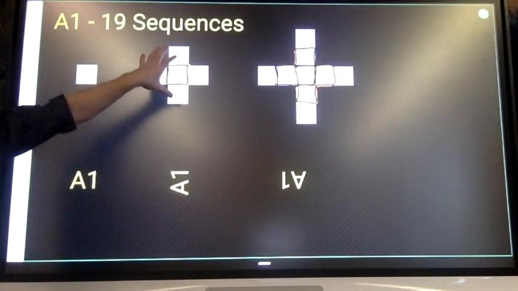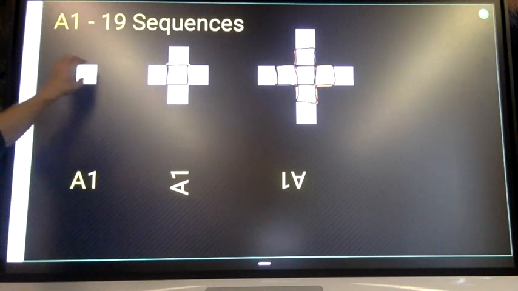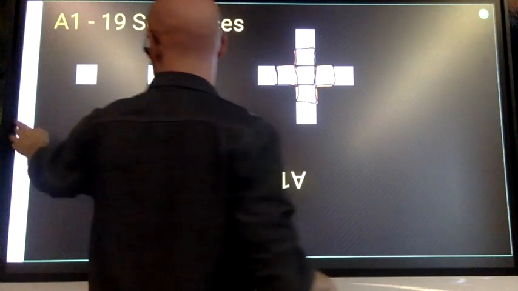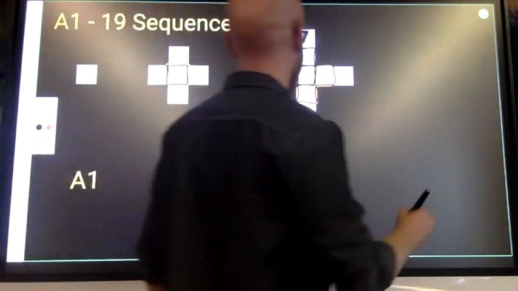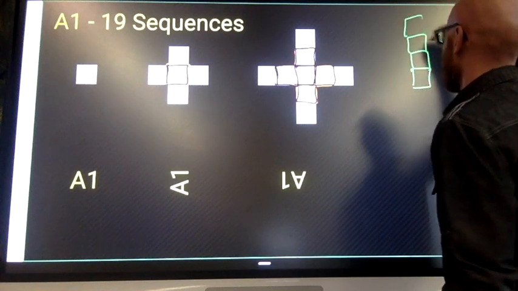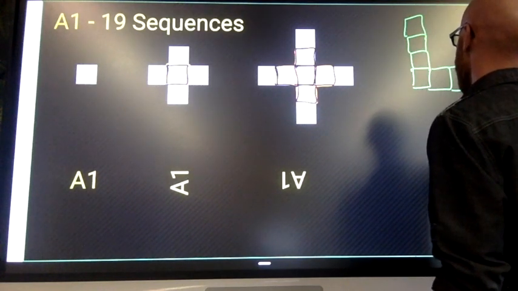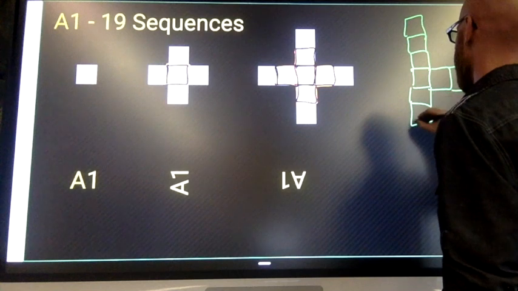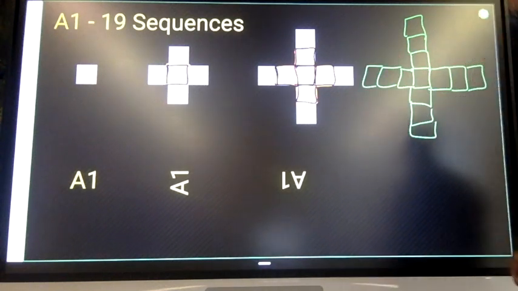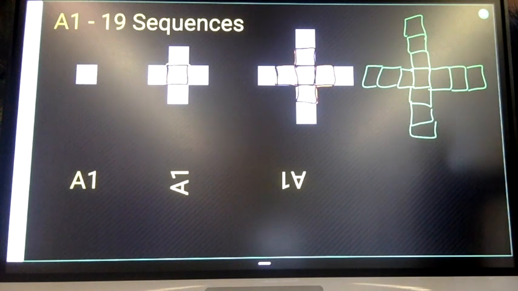One square, and then we have squares being added to the edges of it. The next term in that sequence would be 3 squares coming off of each edge. And then 4, and then 5.